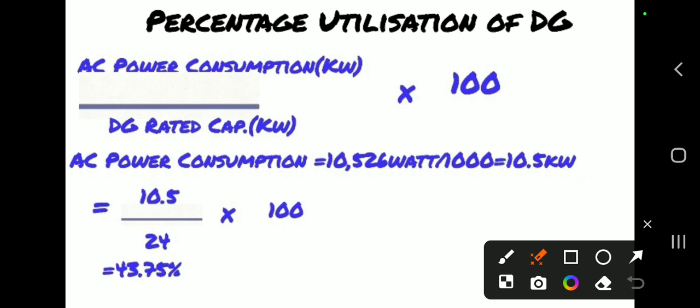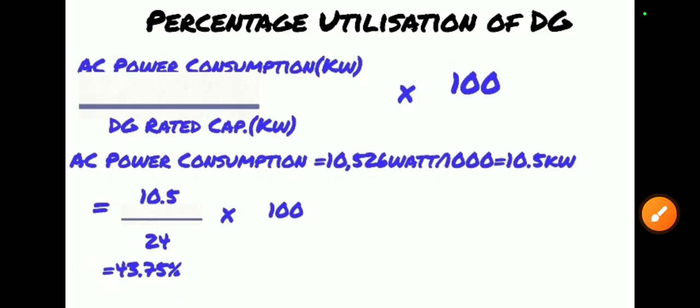So 10.5 kilowatts divided by 24 kilowatts times 100 will give us 43.75%. So this is the DG loading, the percentage utilization of the AC DG.